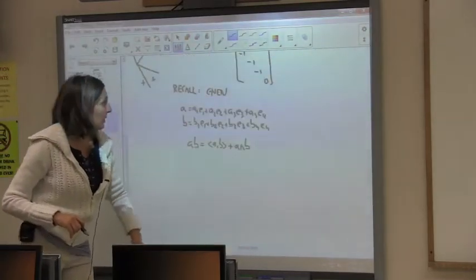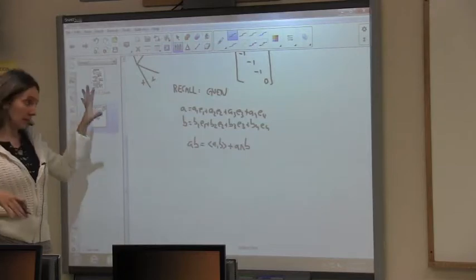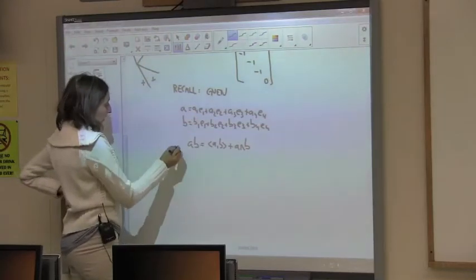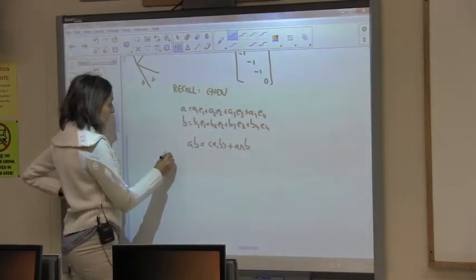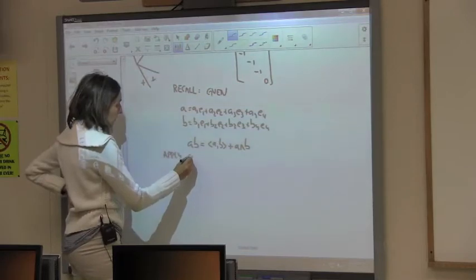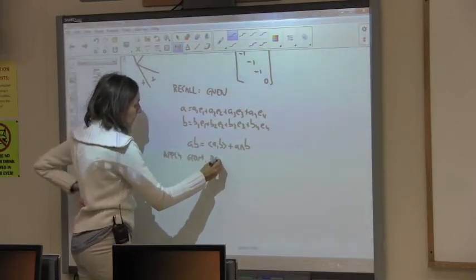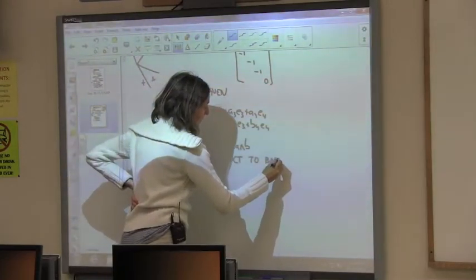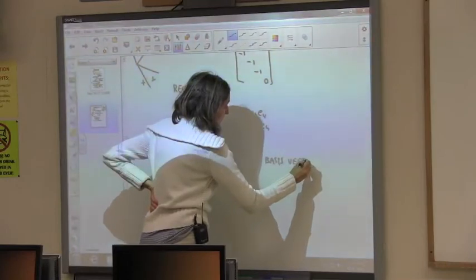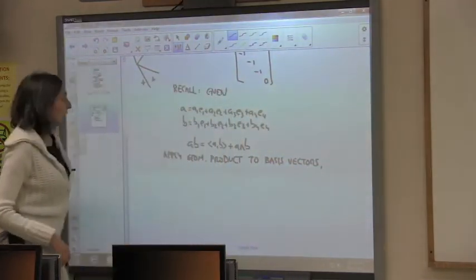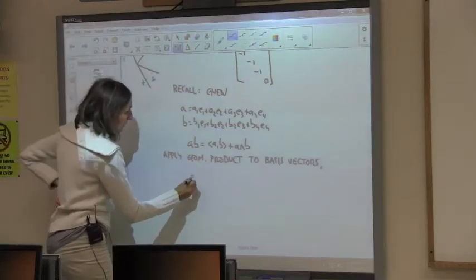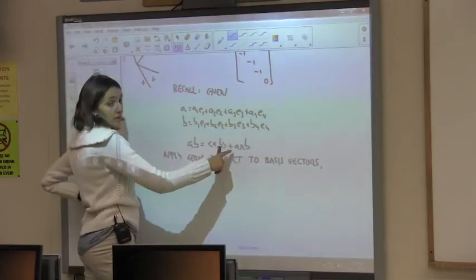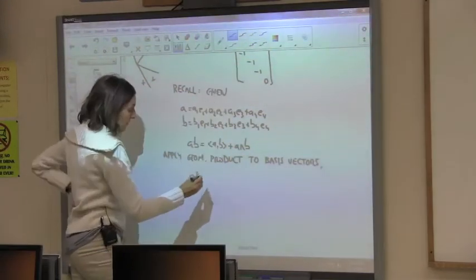And now what we are going to do is apply this to our particular space and our particular product. So applying the geometric product to basis vectors, we get that E1 square will be this plus 0, and this, if you look at this matrix, is minus 1.